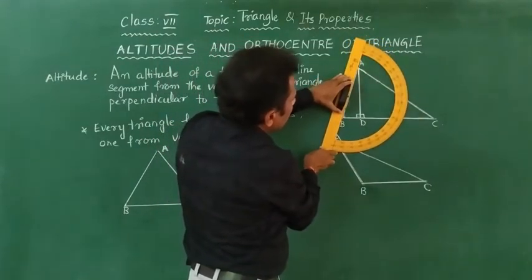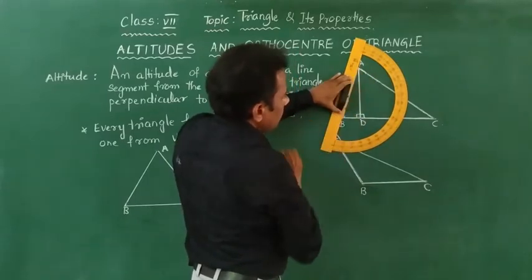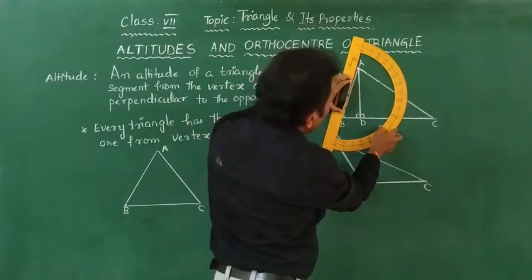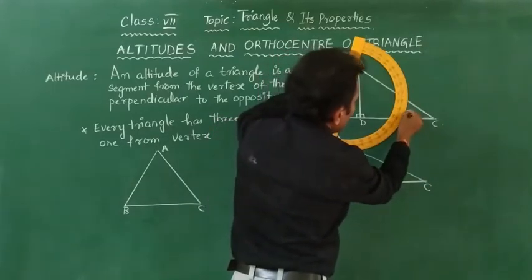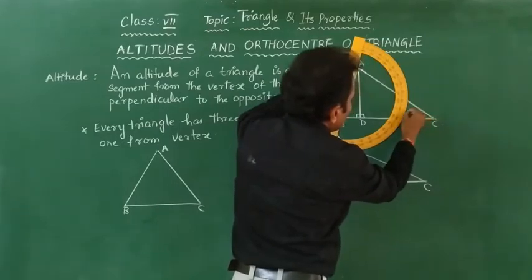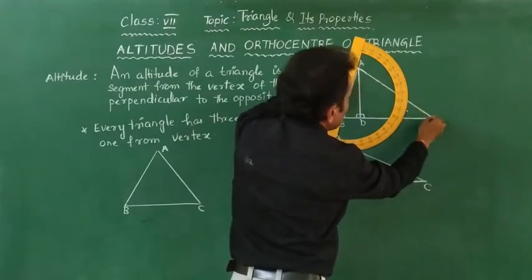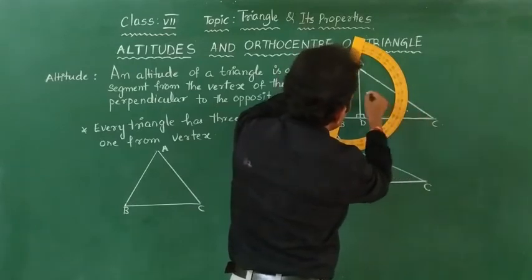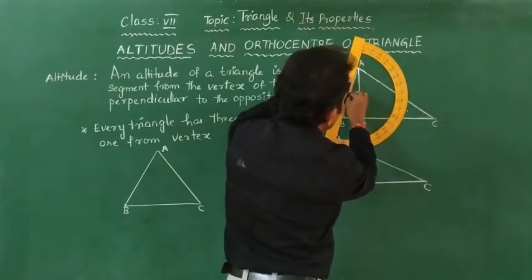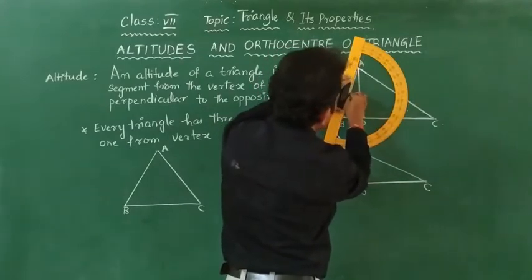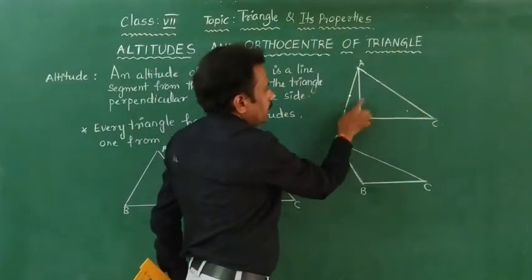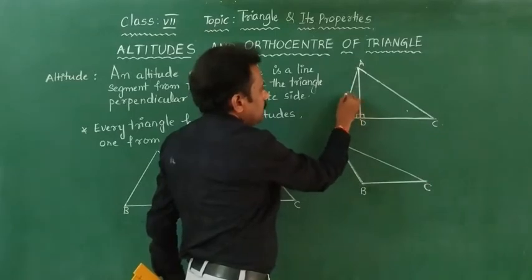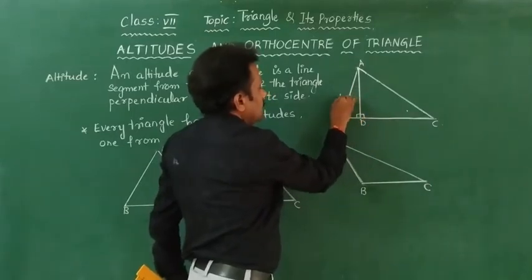The edge of the protractor coincide with AB, and if you draw the line perpendicular, exactly it should be drawn from the C. So here I am marking, and exactly you can draw it. See, two marks I have pointed here, and let me take this point as E.